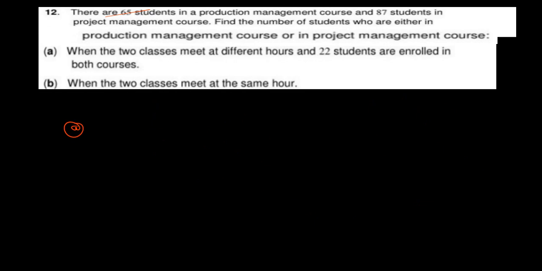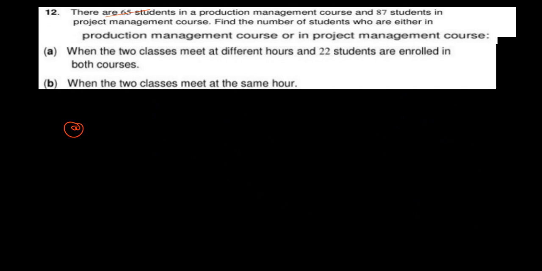So this has come different from the way I've done it. So we'll just solve this one in the tutorial, because the way I've phrased it is not adding up. All right, when the 2 classes met at different hours and 22 students are enrolled in both, so what we are going to do is we can solve like this.